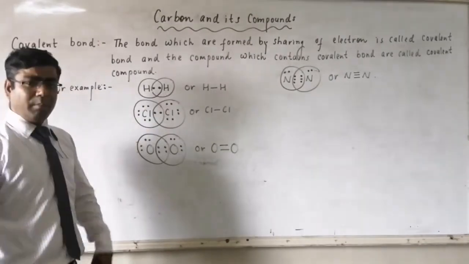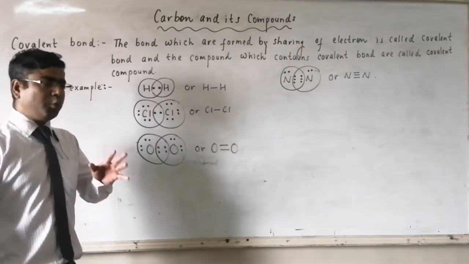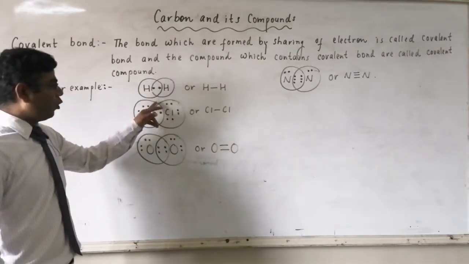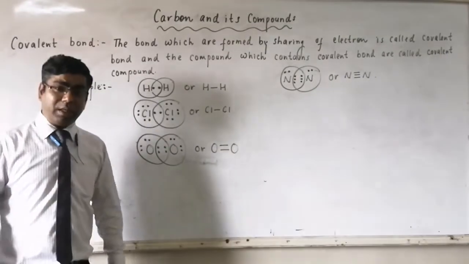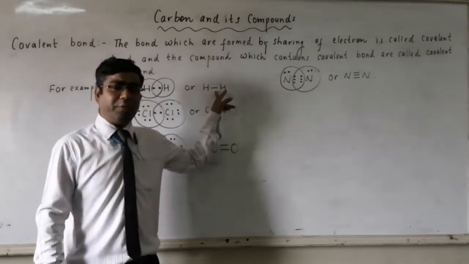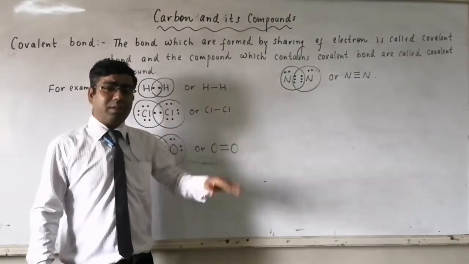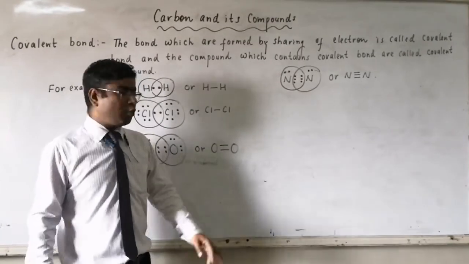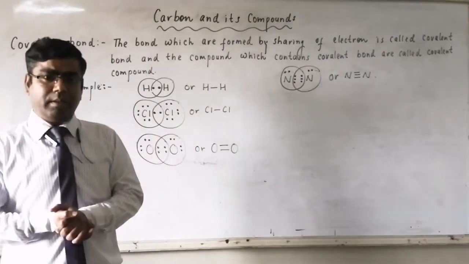This hydrogen, by contributing one electron, will also complete its duplet, 1 and 2. So here there is duplet completion for hydrogen, because each atom is contributing one electron for the bond formation. So there will be formation of a single bond between the hydrogen atoms. It is called a single bond, or we can say a single covalent bond.